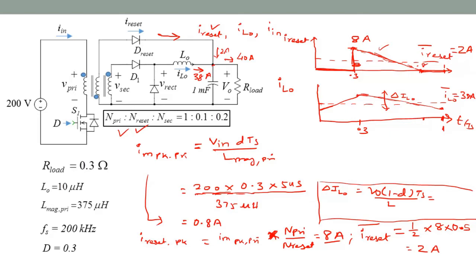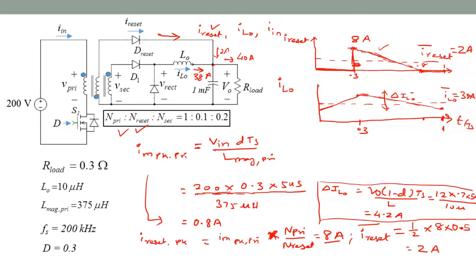Okay. So that would be 12 times, D is 0.3, therefore 1 minus D is 0.7, times 5 micro, divided by L, which is 10 micro. So that gives us delta ILo of 4.2 amperes.